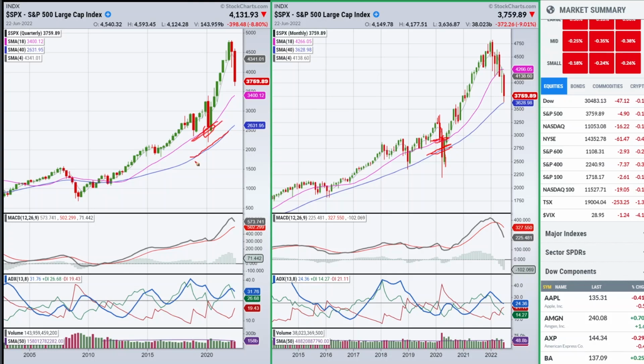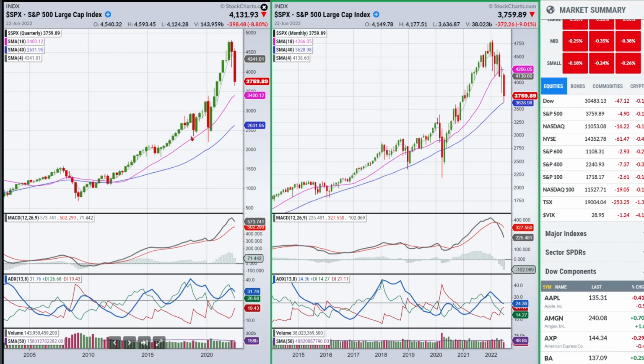Look at how that is a rising 18 and a rising 40, and they look almost parallel, and found a tremendous amount of support. Now, when this is going down like this, if this is your highest time frame, this is pretty scary. It looks like things are falling apart at this point. And yet, if you go up one more time frame, I think it can give you a lot more confidence as to where support comes in.